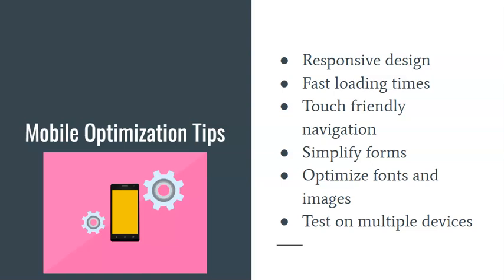And then the second thing to note is fast loading times. We talked about this previously when we were talking about your website speed and performance. So fast loading time is also very crucial when we're talking about mobile optimization for your website. You have to make sure that, as mobile users often have slower internet connections, and that's a fact, it is very important that you optimize your website for speed, especially when we're talking about mobile optimization.